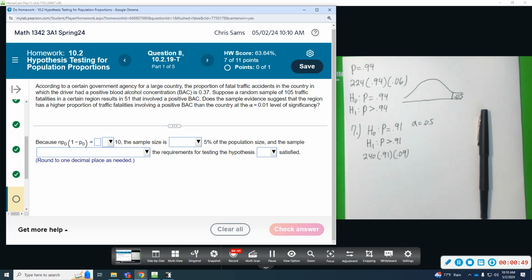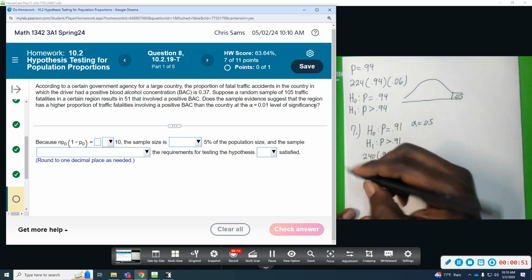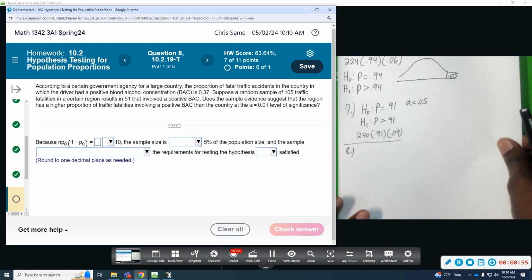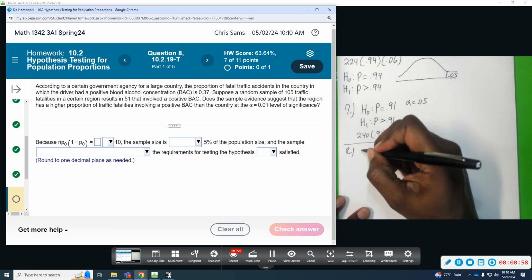Okay, so we have to test our claims and verify we can use this first. So let's write our null and alternative and get everything down.